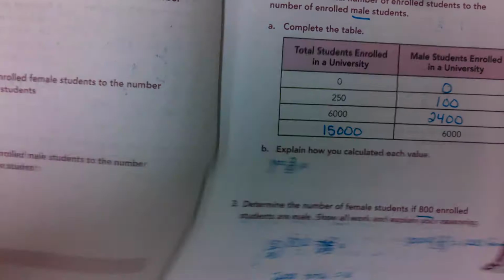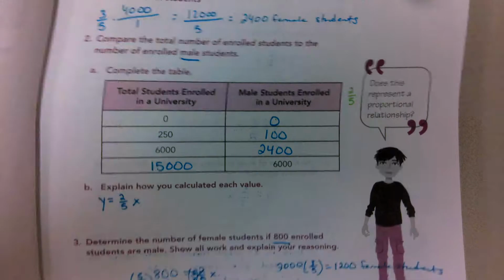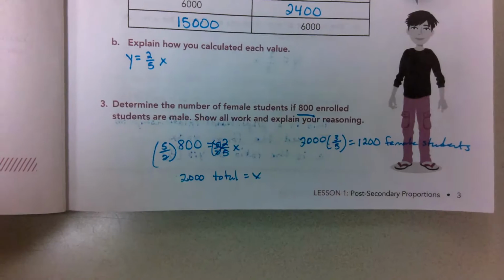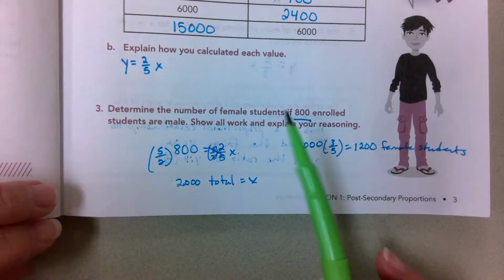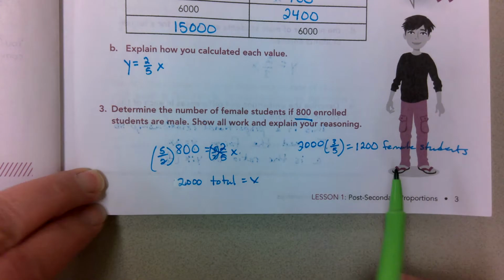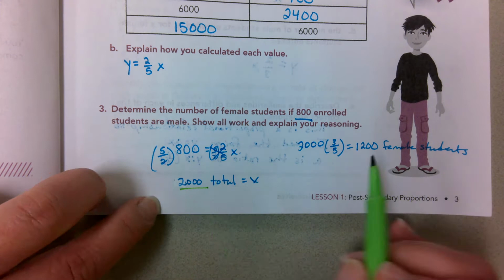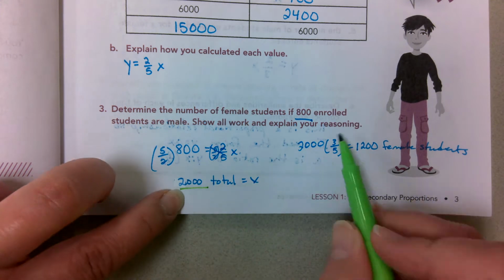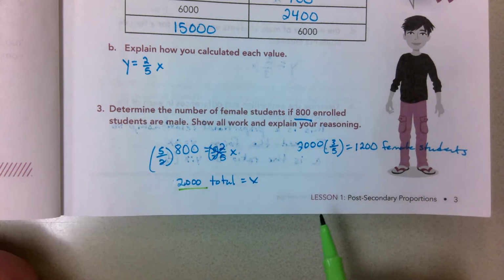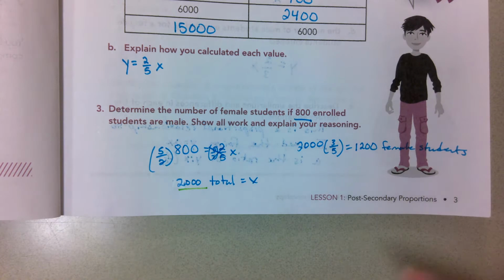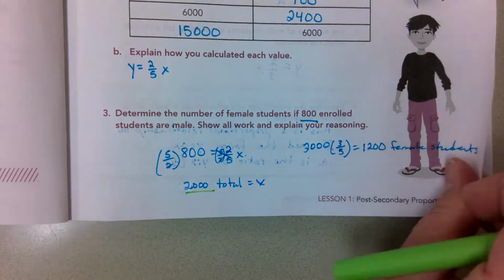It doesn't matter which way you do it as long as you know what numbers you're working with. So what I did, I had 800 enrolled male students. That told me I had 2,000 total students. And then from there, I took 2,000 times 3/5 and knew I had 1,200 female students. But again, you could have used the other ratios.